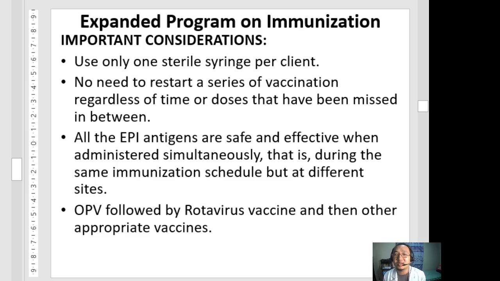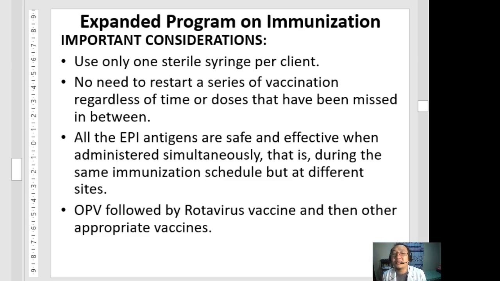No need to restart a series of vaccination regardless of time or doses that have been missed in between. I repeat, no restart of vaccines. You can continue with the second dose or third dose. The consequence? The effectivity rate is lower.